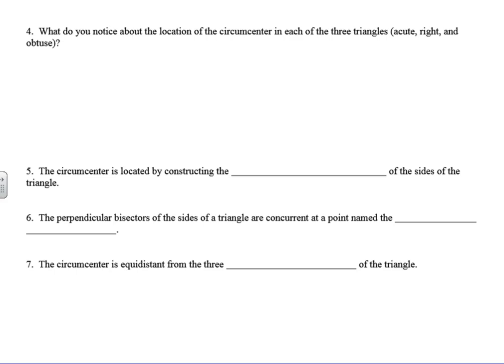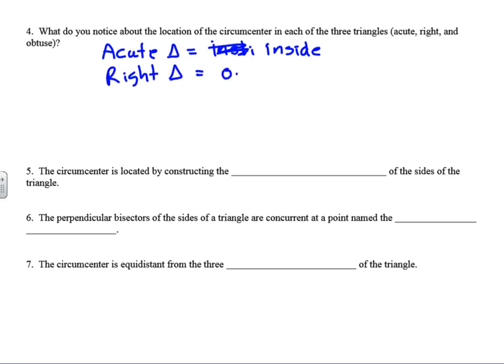So let's just summarize that. Acute triangle, it's inside. Right triangle, it was on. And the obtuse triangle, it was outside.